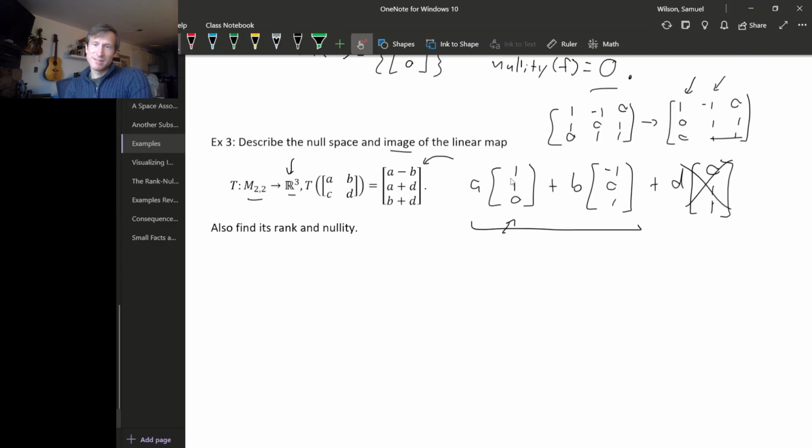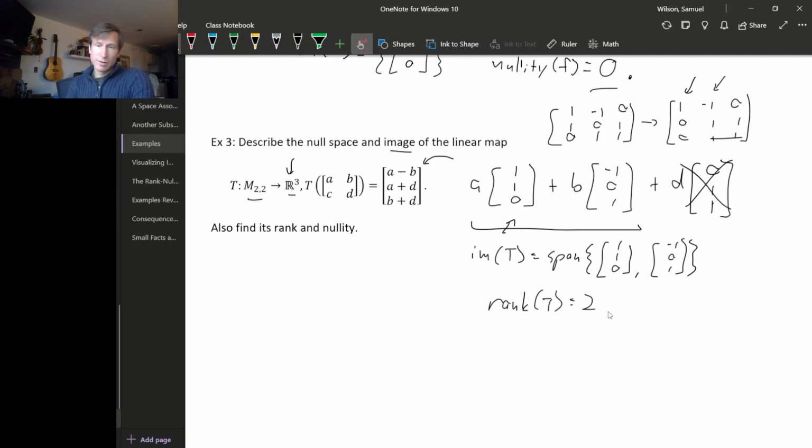The image of this linear map is the span of these two vectors, (1, 1, 0) and (-1, 0, 1). And these vectors are linearly independent, so this shows that the rank of this map is 2.